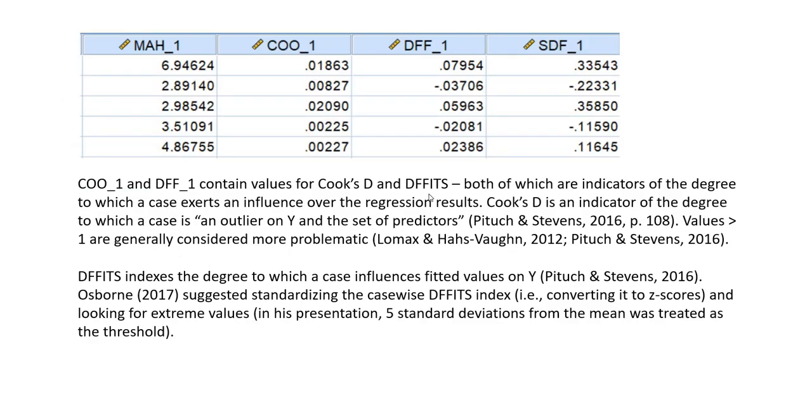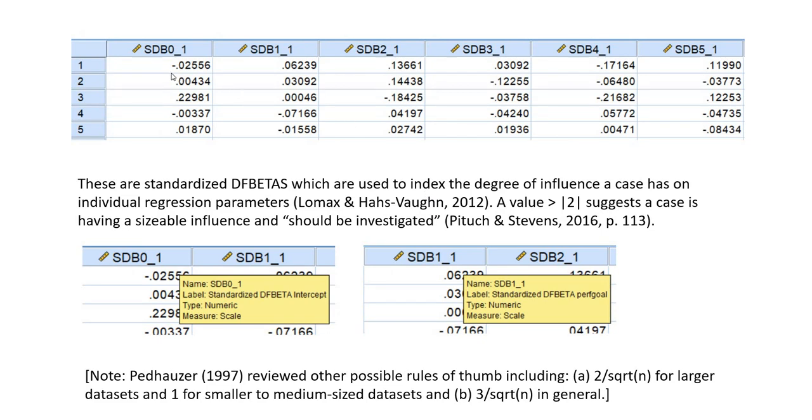As we scroll through right here, you can see that we have standardized DF betas, and these are useful for evaluating whether a case is having an undue influence on a given regression parameter. This is for the intercept, the first predictor, second predictor, and so forth, all the way through the fifth predictor. What you're looking for are values that are greater than 2 in absolute value as potentially having an influence on a given regression parameter.